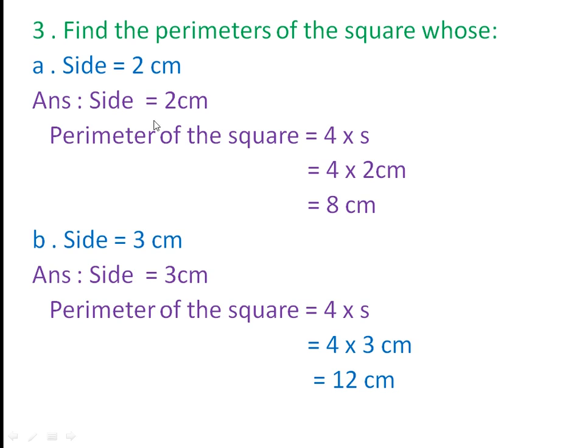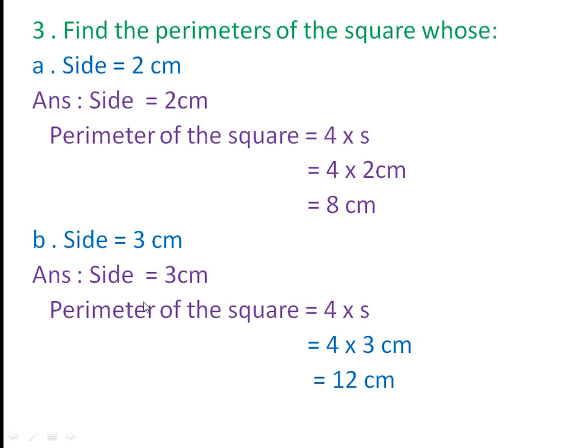Side is equal to 2 centimeters and write down the formula for the perimeter of the square is equal to 4 multiplied by side. What is the side value? 2 centimeters. First calculate 4 multiplied with 2. 4 2s are 8 centimeters. 8 centimeters is the answer for the perimeter of the square for the first question.